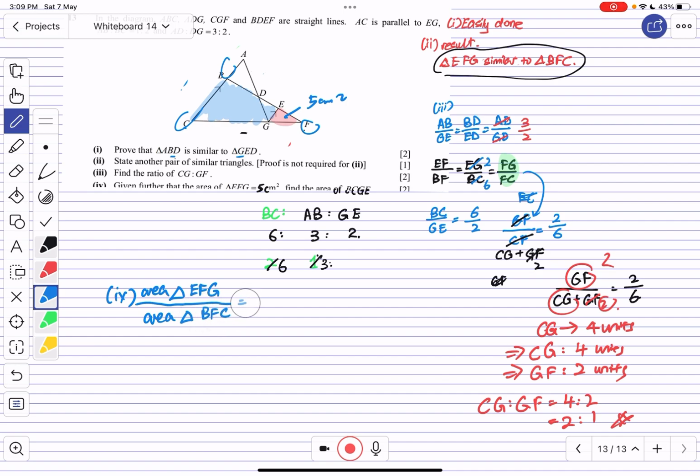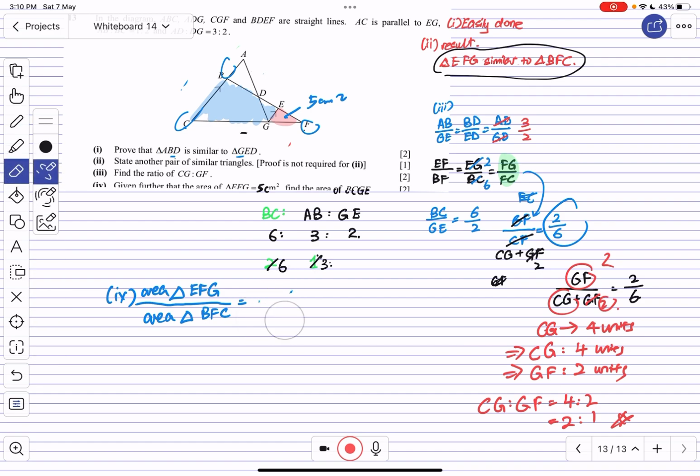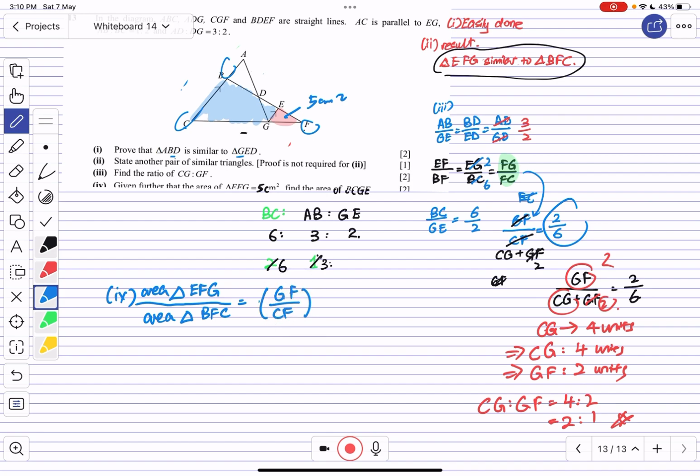BFC. This should be the square of the side ratio, which is the same as GF over CF. Okay, so GF over CF, as earlier we know that it's just 2 over 6 or 1 over 3, squared. Let me just write it down nicely here so it doesn't confuse you. This is the same as GF over CF, which is squared, which is the same as 2 over 6 squared or 1 over 3 squared.